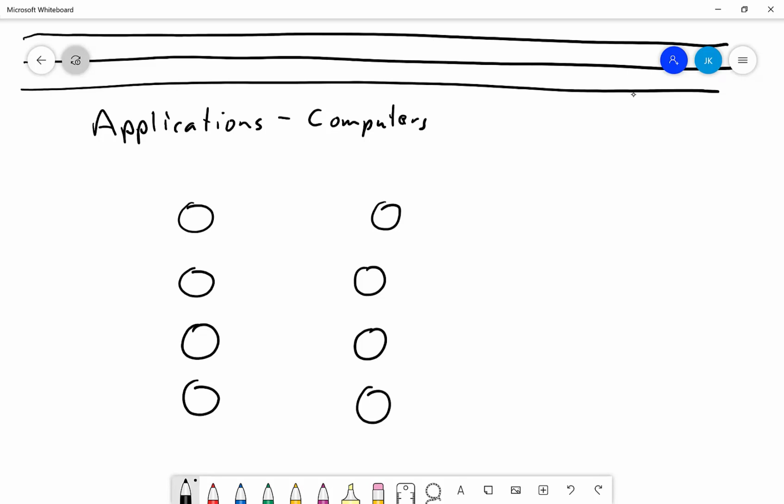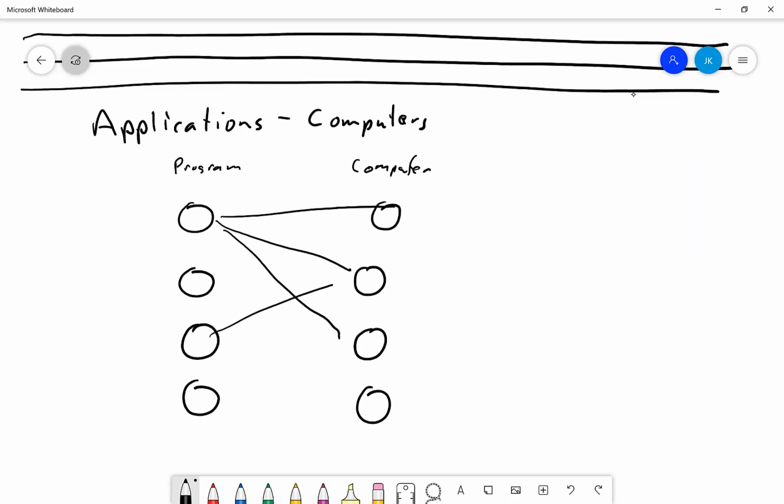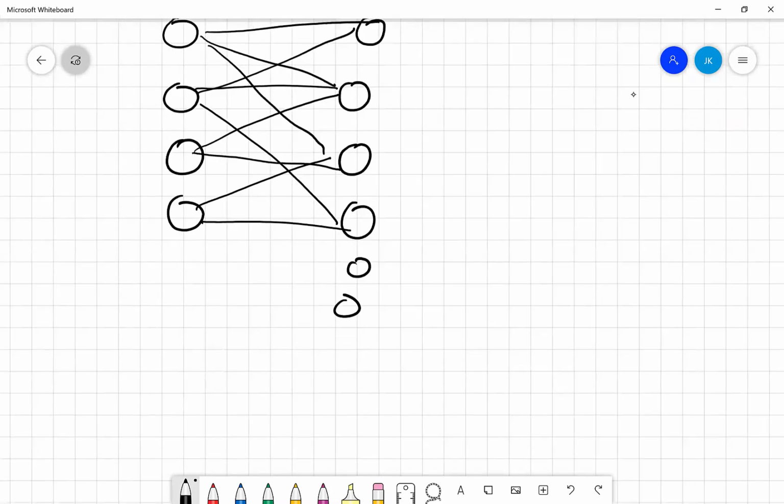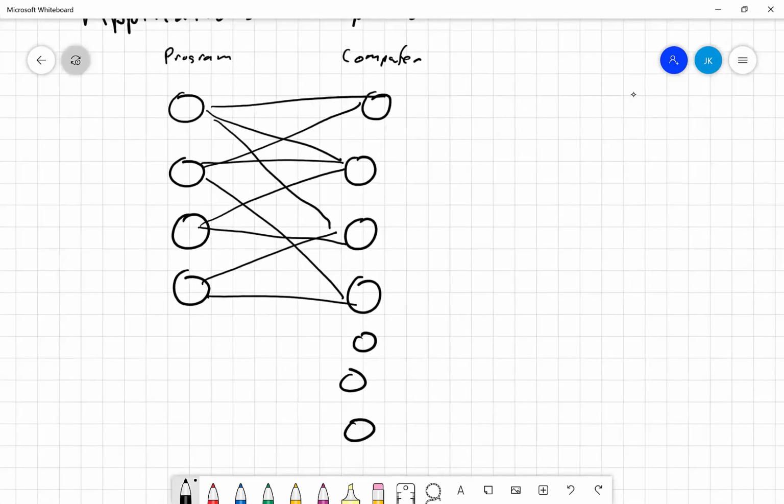Each program, so these programs or applications on this side and the computers over here, each program has certain computers that it can run on. Maybe this one can run on those, and this one can run on those, and so on. So there's some combination of which things can run on which computers, and perhaps there are a bunch more computers, but each computer can only run one program.